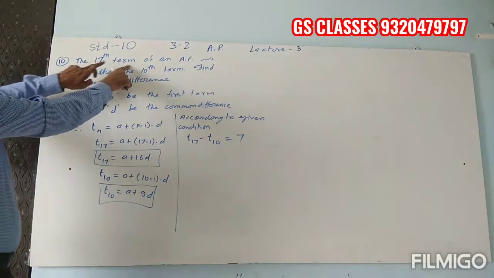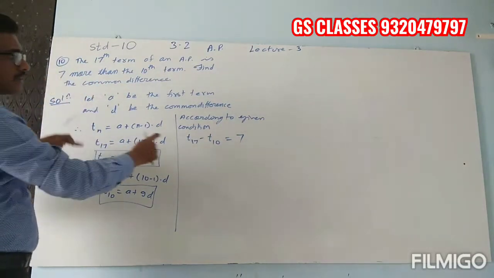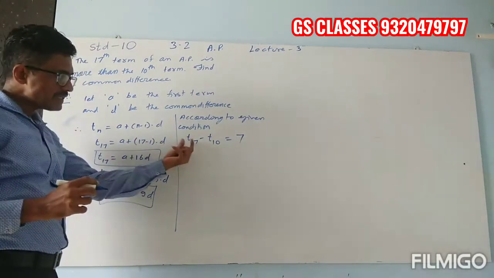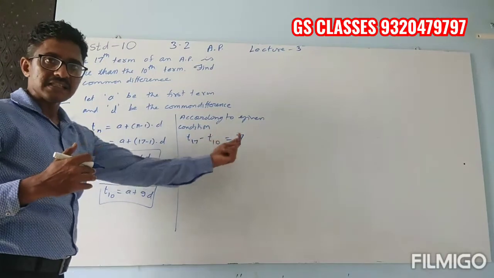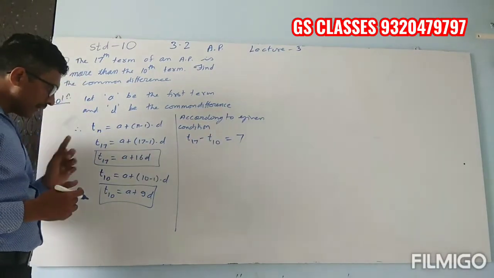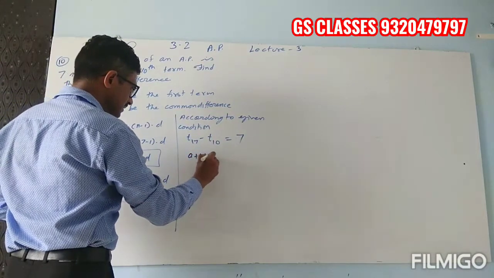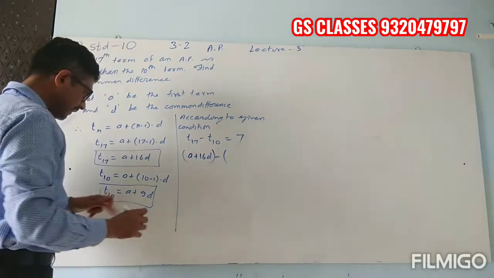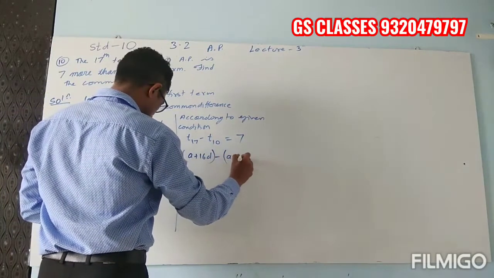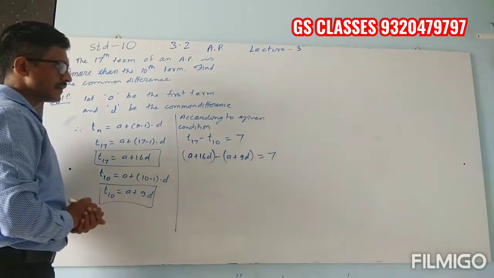The 17th term of an AP is 7 more than the 10th term. This is 7 more than this term, means the difference is 7. If I write T17 as A plus 16D minus T10 as A plus 9D, what I am getting is 7.